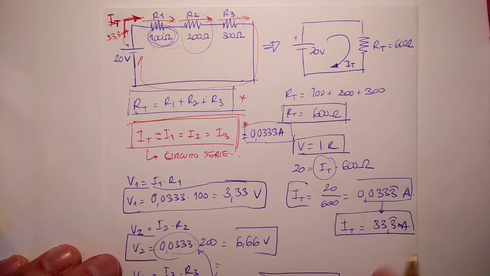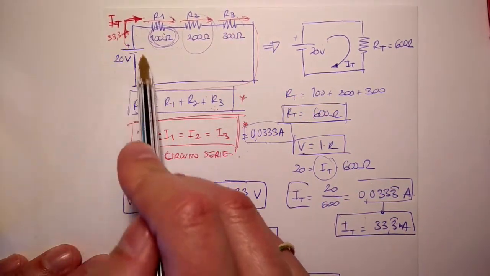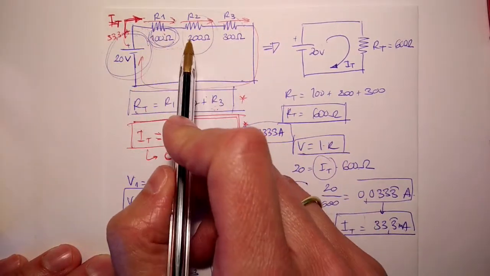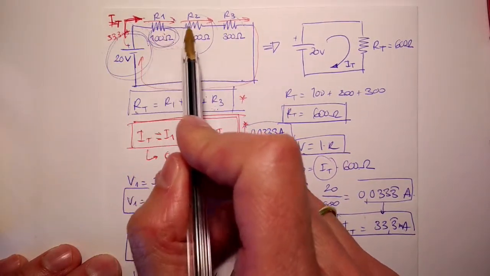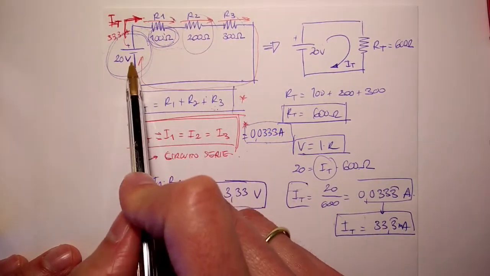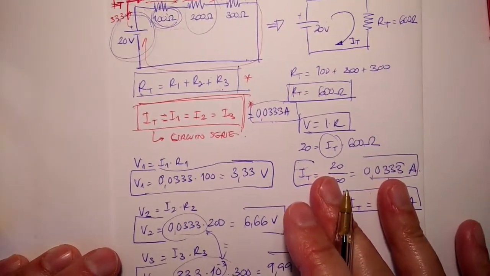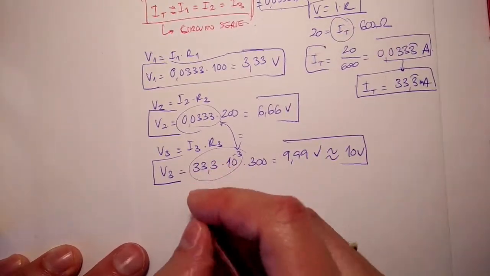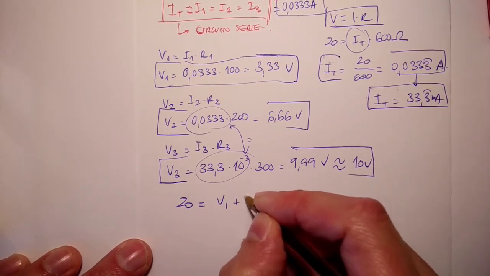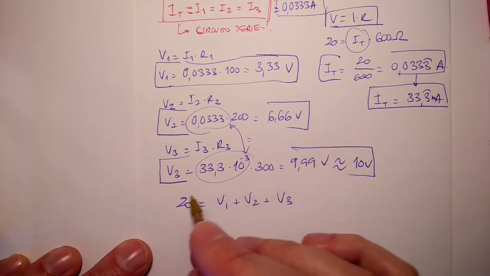I'm going to calculate all of the remaining values of voltage and power. Now, the 20 volts that I have here, if I did it correctly, these original 20 volts of the source in a series circuit will be distributed to the different elements that are connected with each other. 20 volts has to be equal to the sum of V1 plus V2 plus V3.